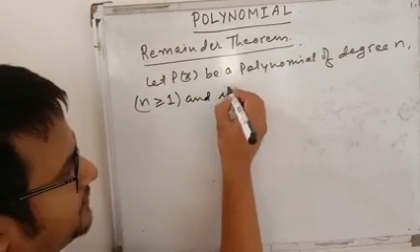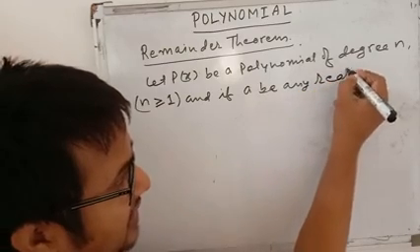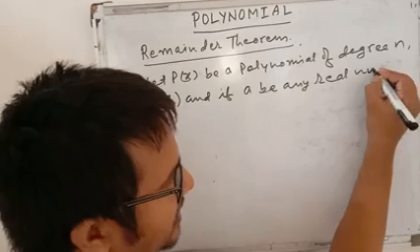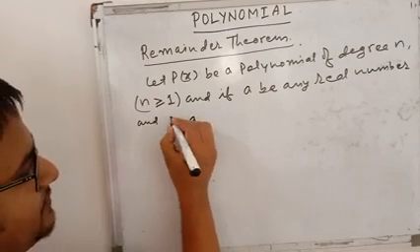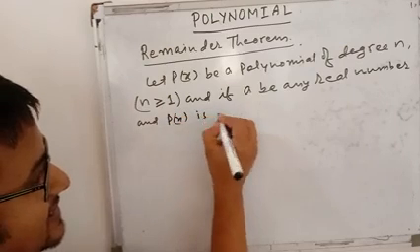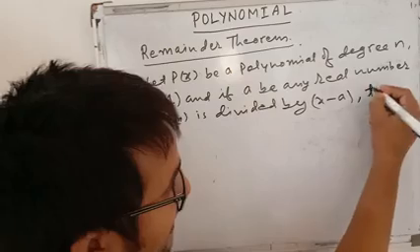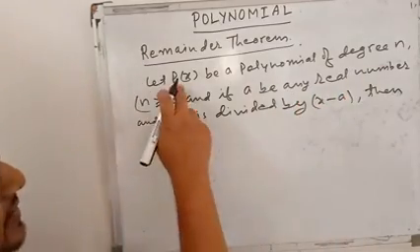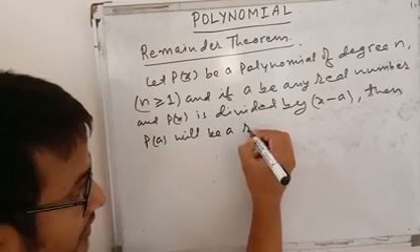And if a be any real number, and p of x is divided by x minus a, then x minus a equals 0, so x equals a. Putting x equals a in p of x, p of a will be the remainder.